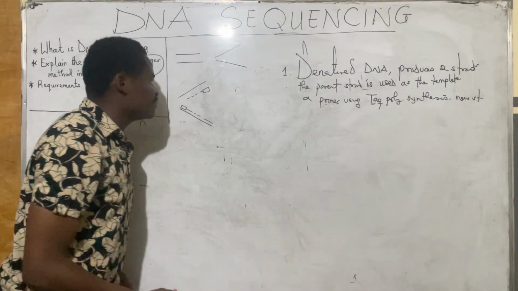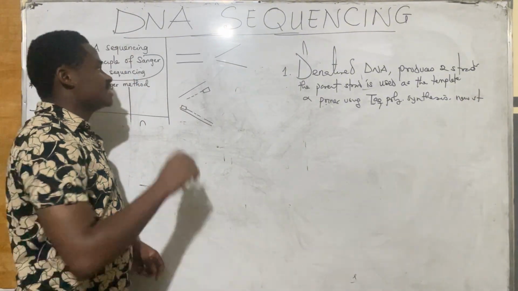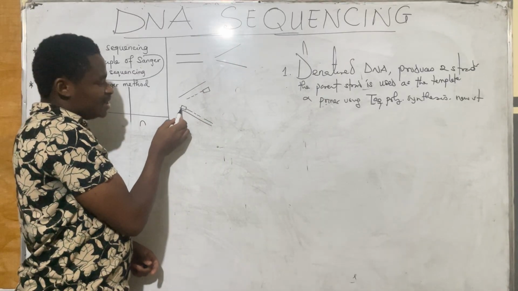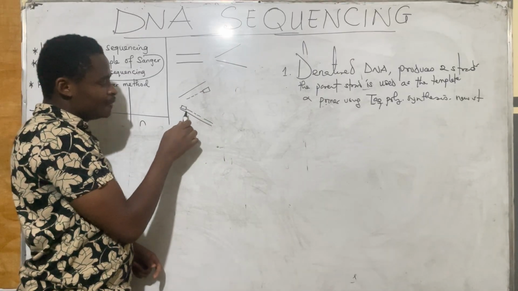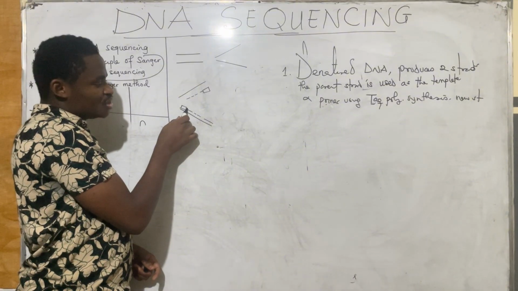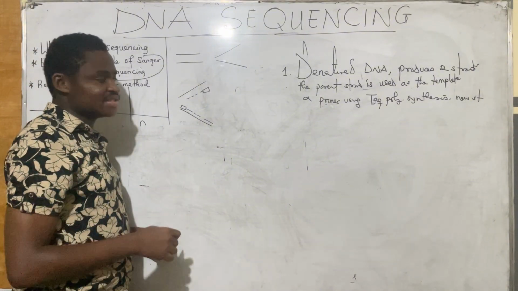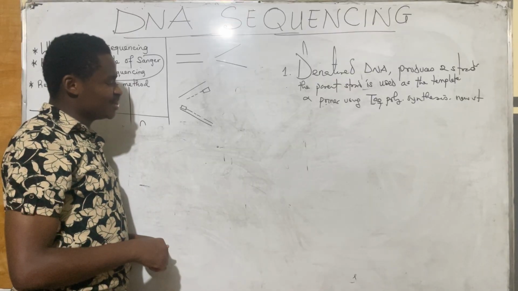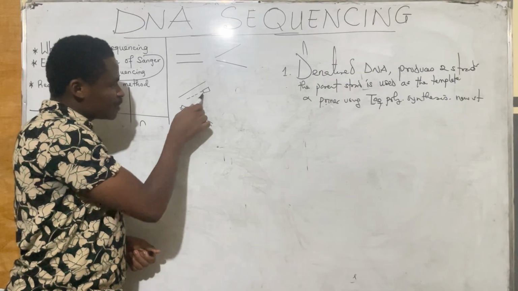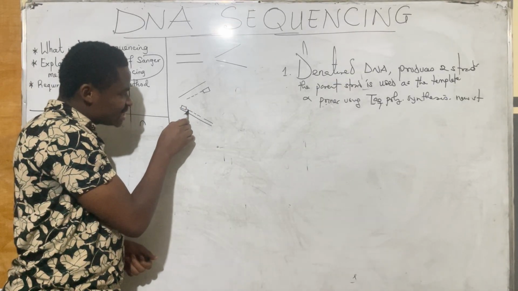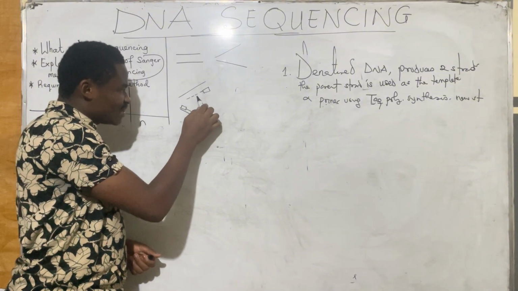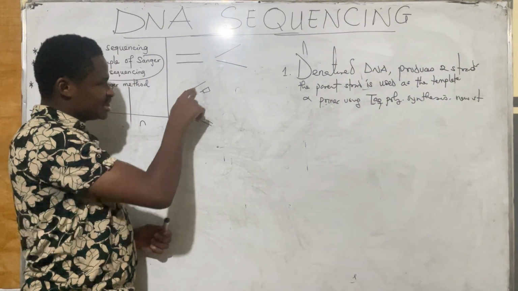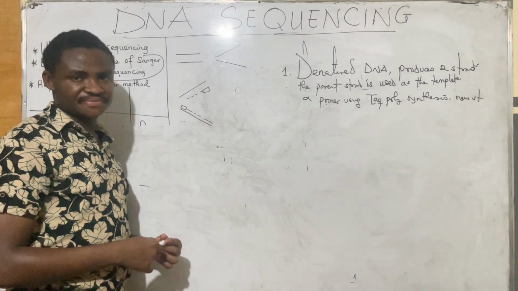Similarly, what I've said indirectly is that once denatured, use a primer. Take that primer and then use the enzyme called Taq polymerase. Taq polymerase is Thermus aquaticus polymerase. It can withstand changes in temperature. So once denatured, using a primer, we start elongating. And in the elongation, we are going to be using the parent strand as the template.